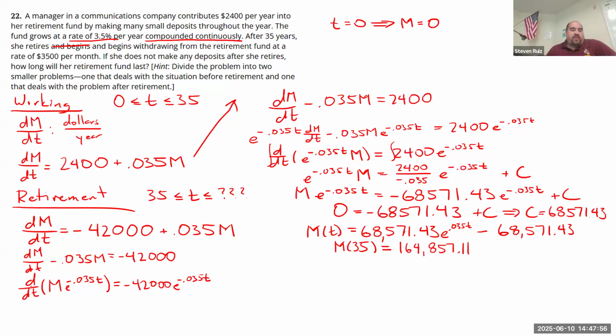So what do I get if I integrate from here? If I integrate both sides, I should get m times e to the negative 0.035 t equals negative 42,000 over negative 0.035 times e to the negative 0.035 t plus c. Again, I don't want to carry that strange fraction around, so let me evaluate it. 42,000 divided by 0.035 gives me 1.2 million.